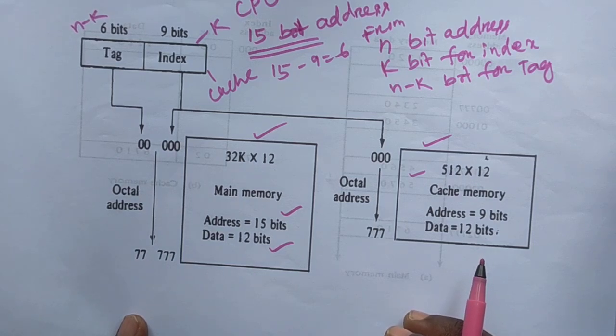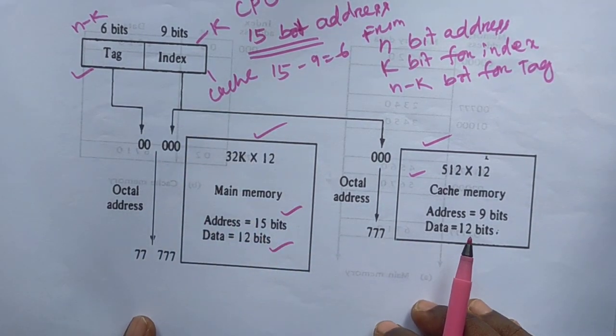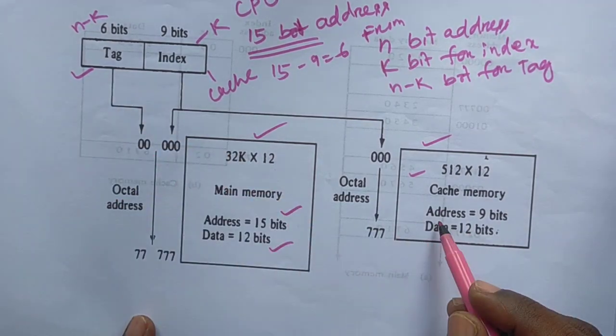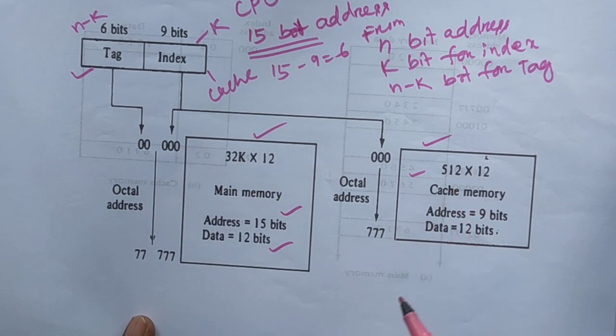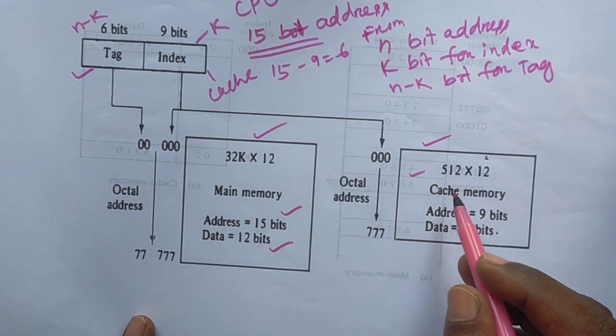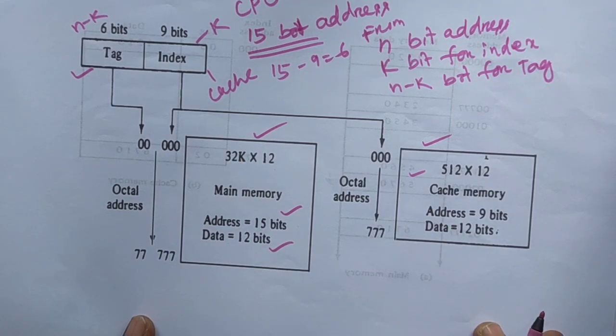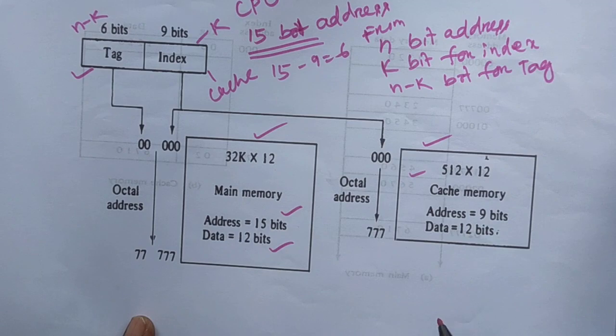Now you see this tag is actually matched with a 6-bit tag. Once it is found that the 6-bit tag matches in the cache memory, then we call it a hit. If not found, then it is collected from main memory and transferred to cache memory. After that it will operate through this cache memory.